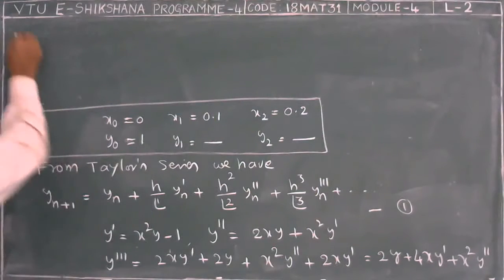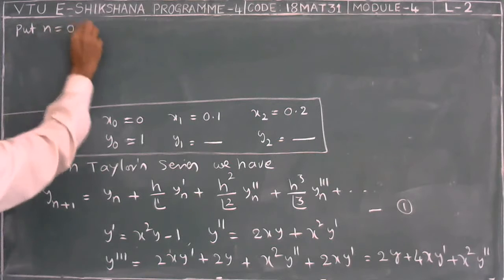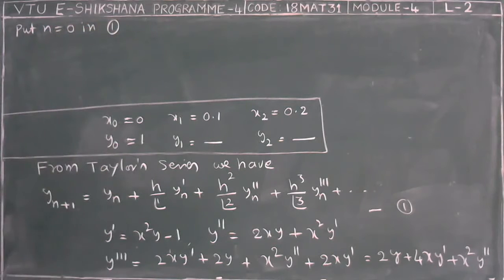So put n is equal to 0 in this equation.